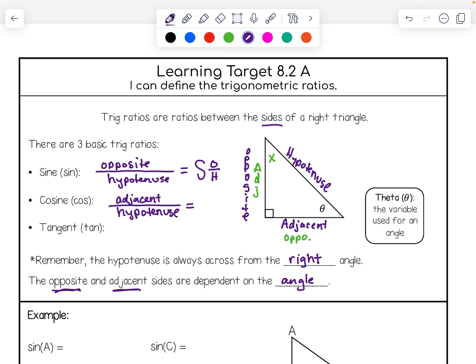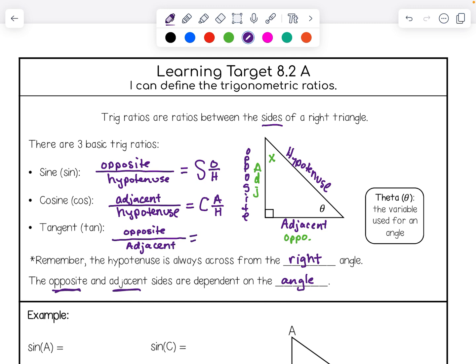And so we remember cosine with a capital C is A over H, adjacent over hypotenuse. And tangent, we remember as the opposite side over the adjacent side.